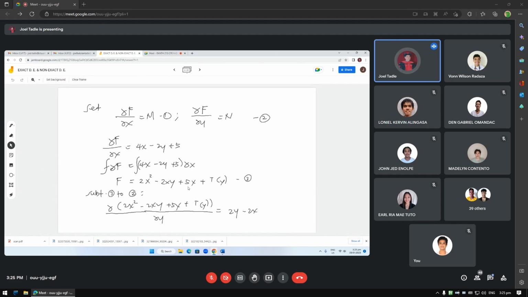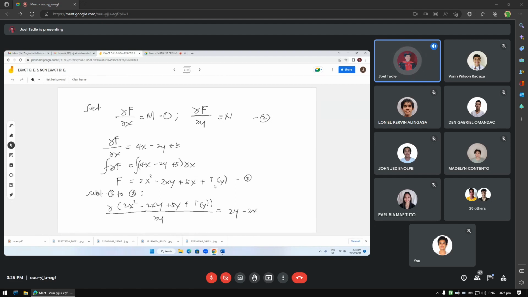So, 5 copy. Then, integral of partial derivative of x is x. So, 5x. Then, plus constant. Di ba? Kanong integrate ta. Inikaw sa ato ang integration process. Doon nagitay constant of integration, the arbitrary constant.